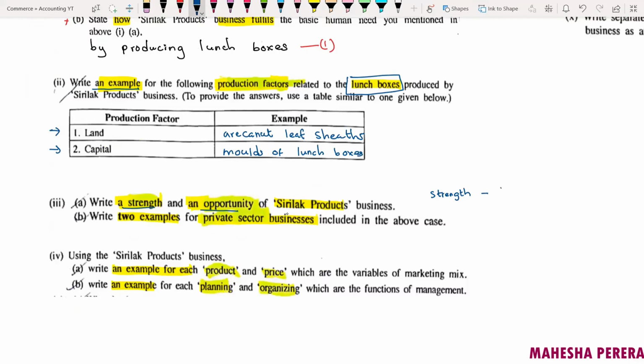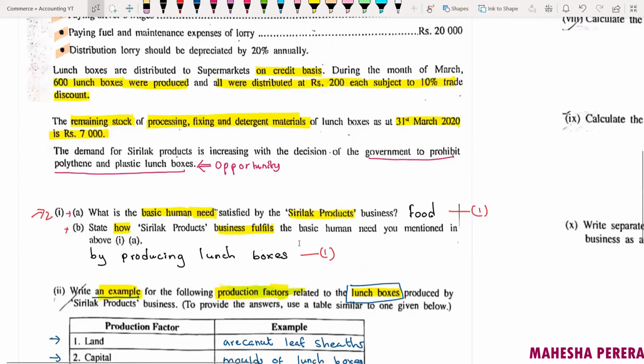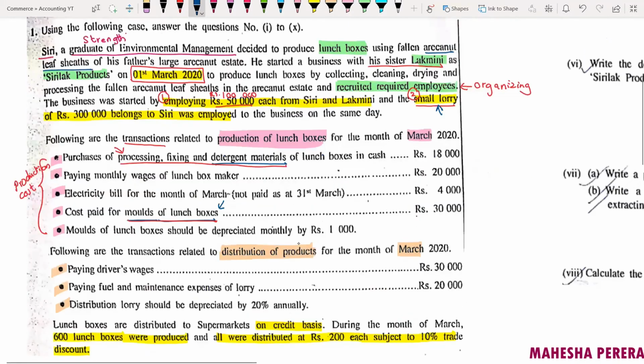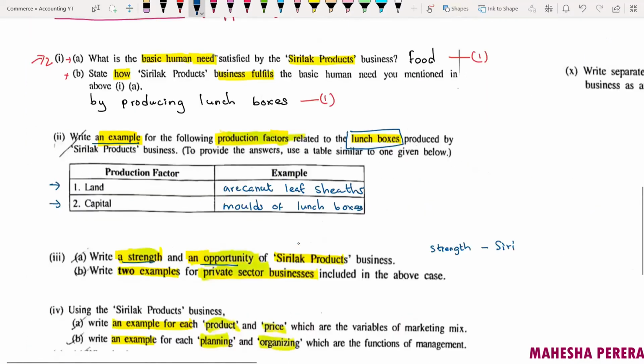So you can say Siri is a graduate of environmental management. And if you want, you can say therefore qualified honor, but not that necessary.